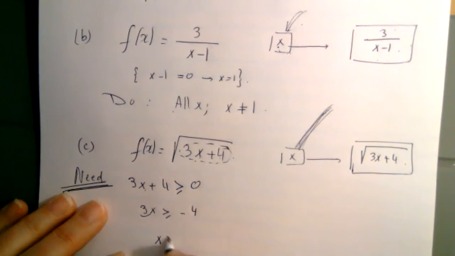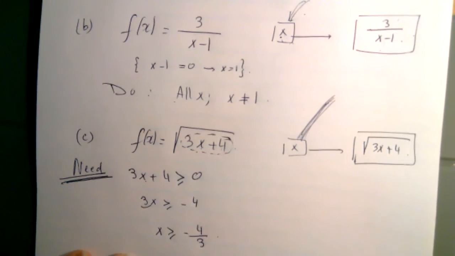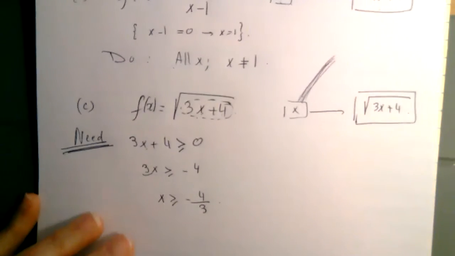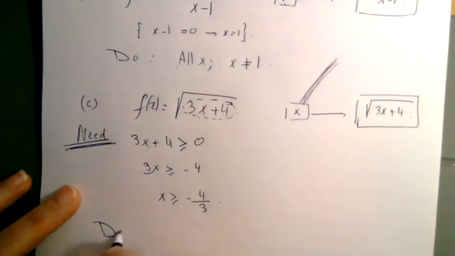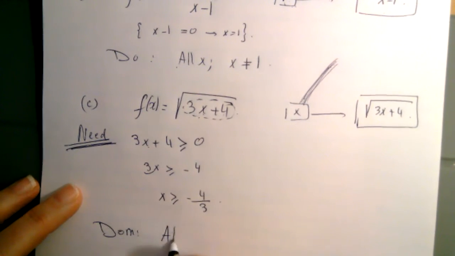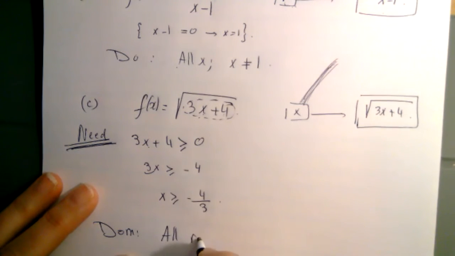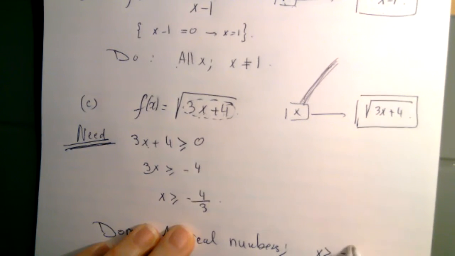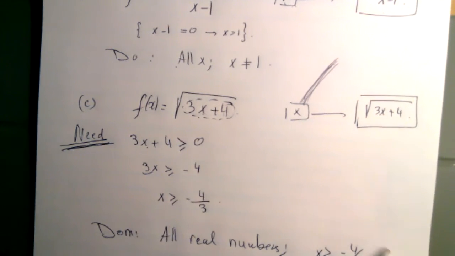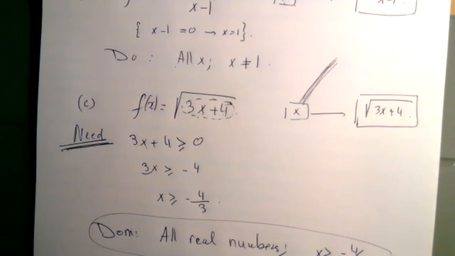It means my x has to be greater than -4/3. So my domain is going to be all real numbers x that have the property that this number has to be bigger than -4/3.